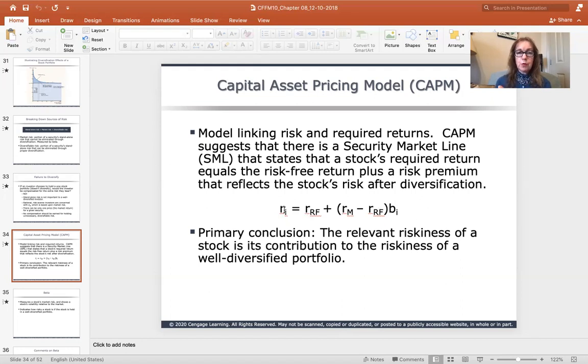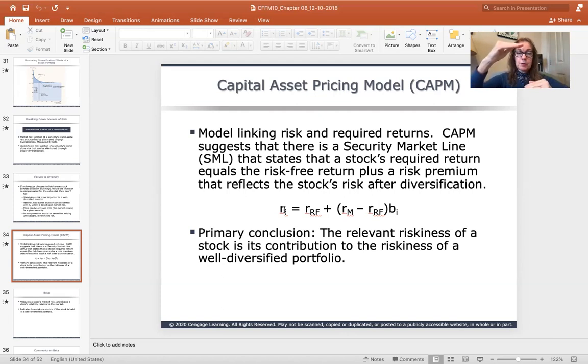So once you find the required return, then you can go back and look at the expected return. What do analysts think the return for the stock is going to be this year? That's what we did at the beginning of the chapter, expected return. And you compare the two. If the expected return is more than the required return, the stock is a buy, it's undervalued.